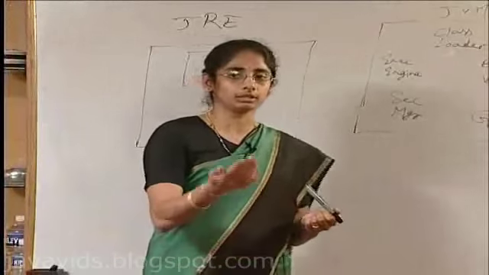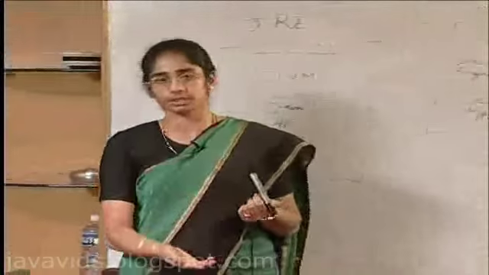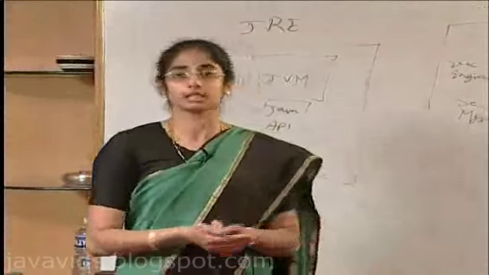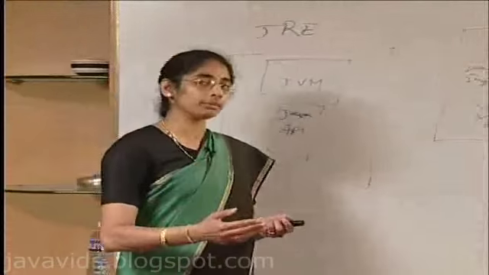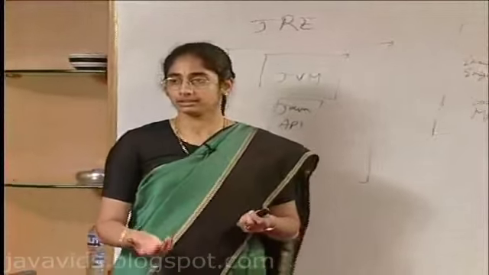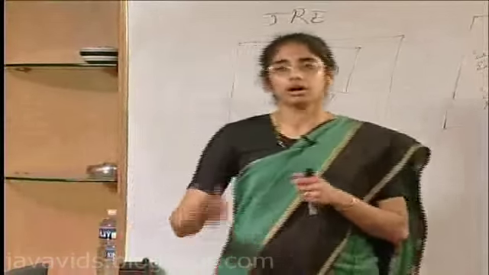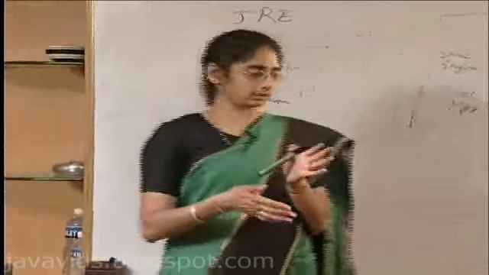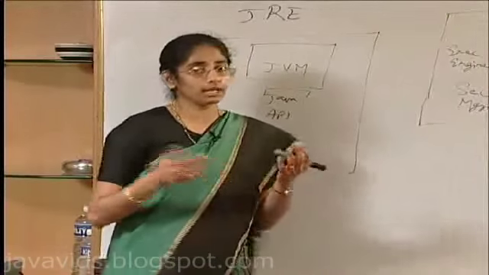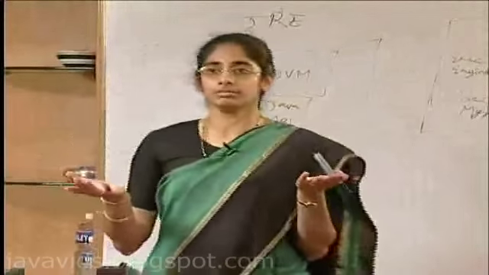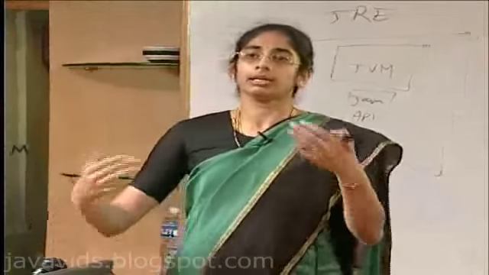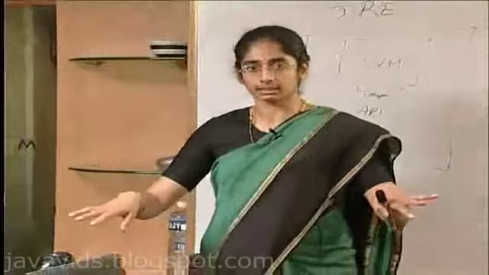So if I have a class with a main function, that's the first one to be loaded in case of an application program. That class might be using other classes in return, and those other classes might be using some other classes in return. So all of them will be loaded by the same class loader. If I were to have two different class loader objects loading the classes, then they get loaded into two different namespaces.